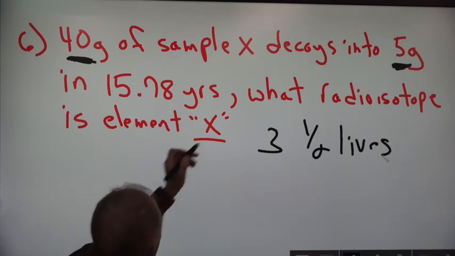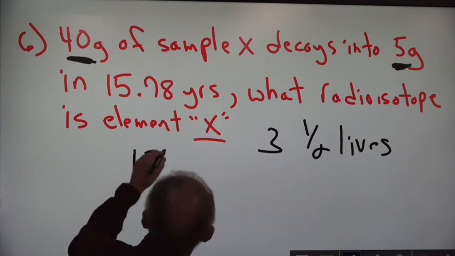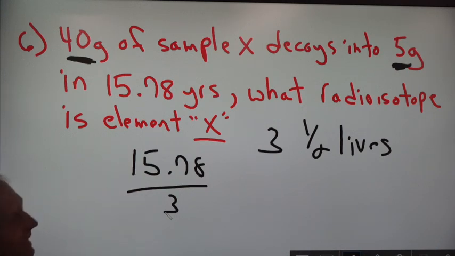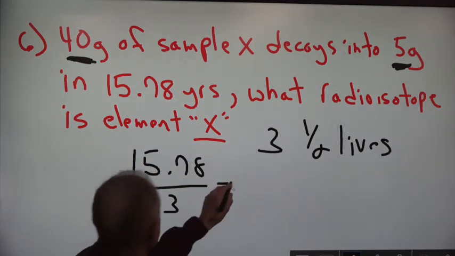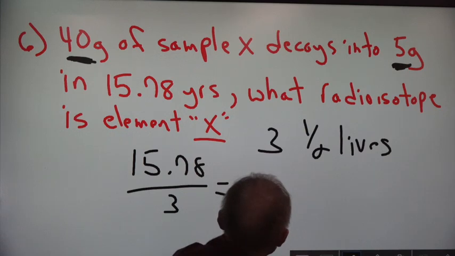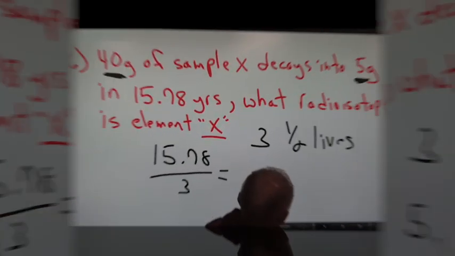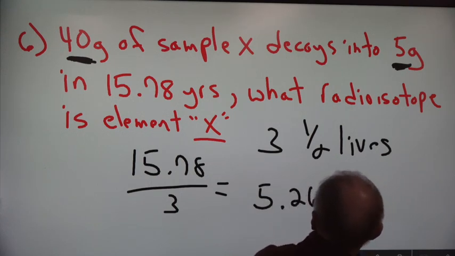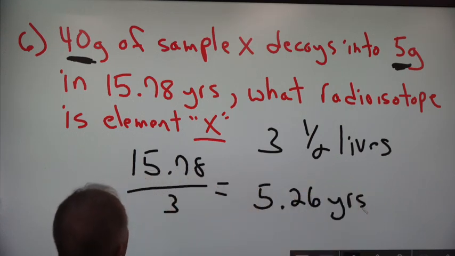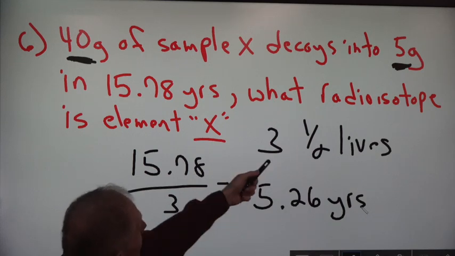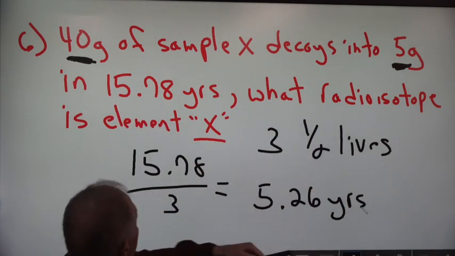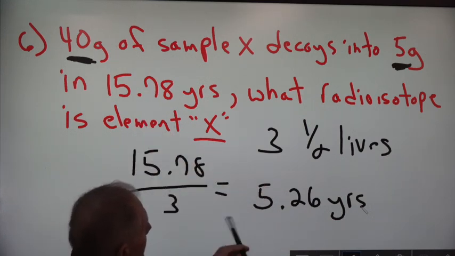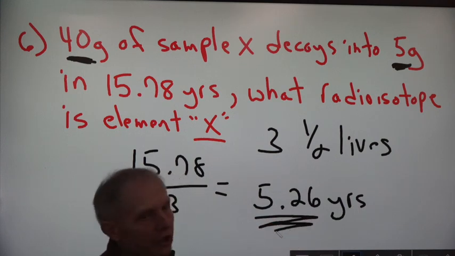So we have to divide 3 into that. Now we know that it took 3 half-lives to go from 40 grams to 5. We got 3 half-lives divided into 15.78 years, and we got 5.26 years.